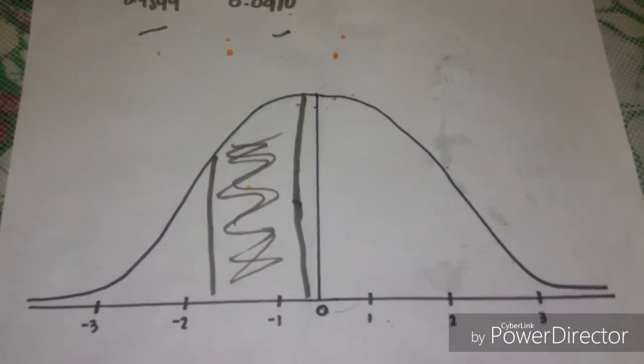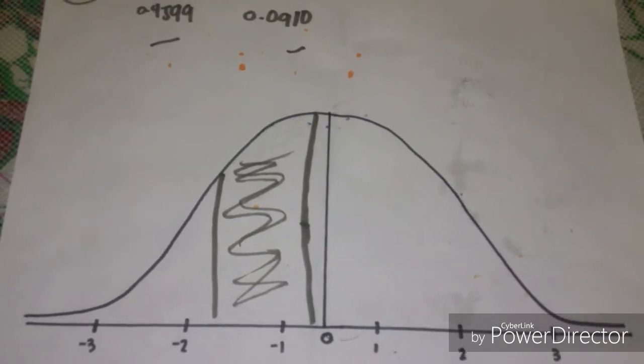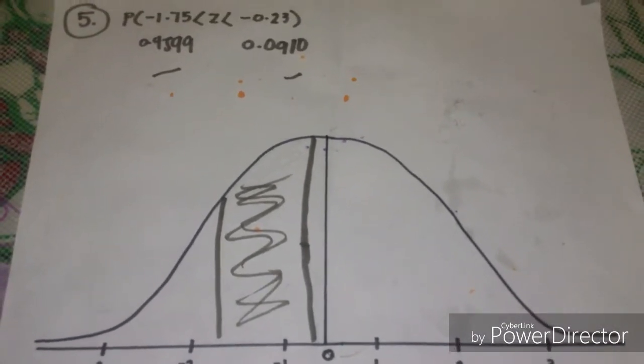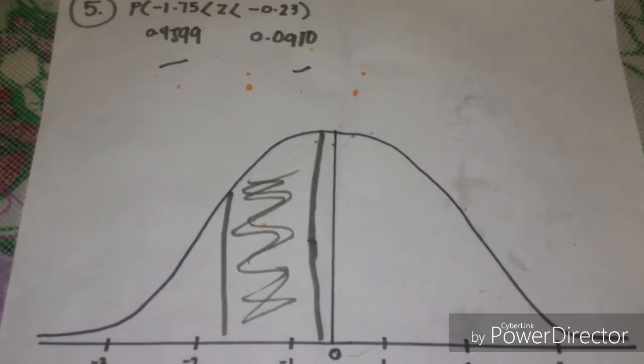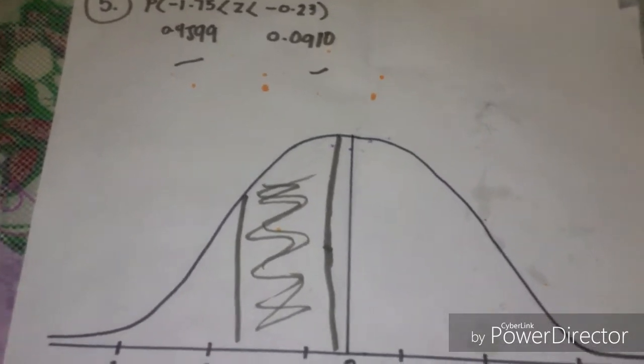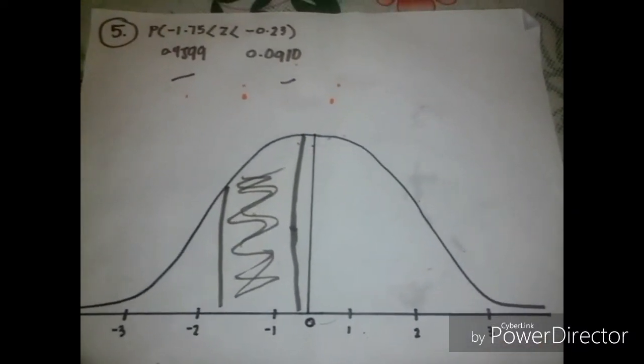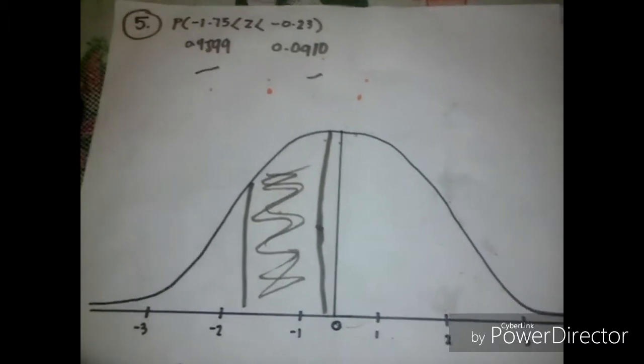After that, you have to subtract the value of negative 1.75 and negative 0.23, because it is not in between on this area.